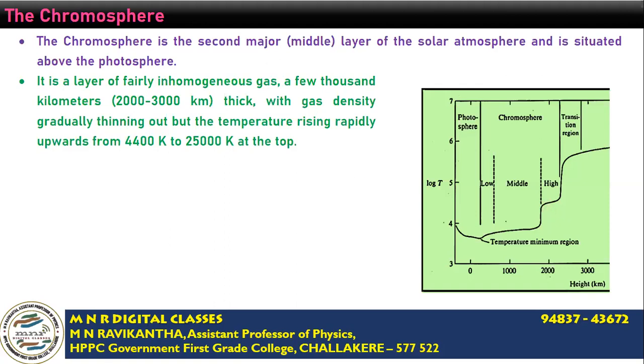And one more thing is, we have a plateau region, where the temperature is almost constant with height, and this region is the plateau region. It appears around a temperature of 7000 Kelvin. This inhomogeneous distribution of temperature is the important characteristic of the chromospheric layer.